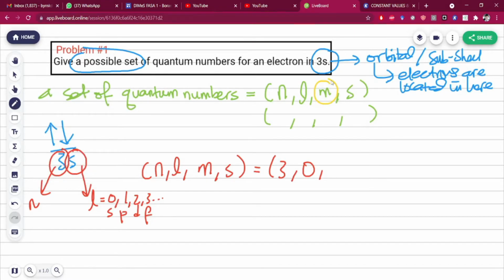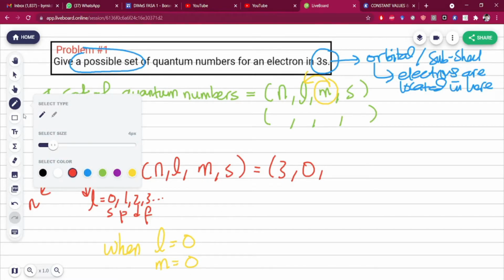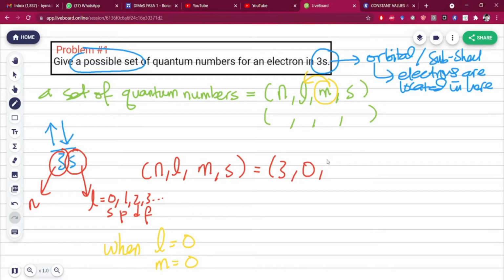So when L equals 0, then m will equal 0. And for spin, you can pick either positive half or negative half, because you only need to give one possible set. Let's say I'm going to write negative half.